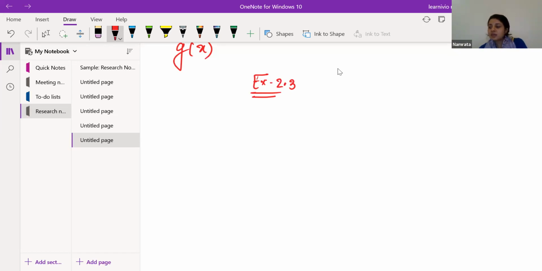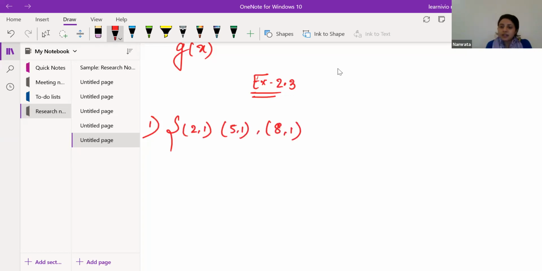Okay. So, let's do some questions from here. Which of the following relations are functions? The first question is (2, 1), (5, 1), (8, 1), (11, 1), (14, 1), and (17, 1).